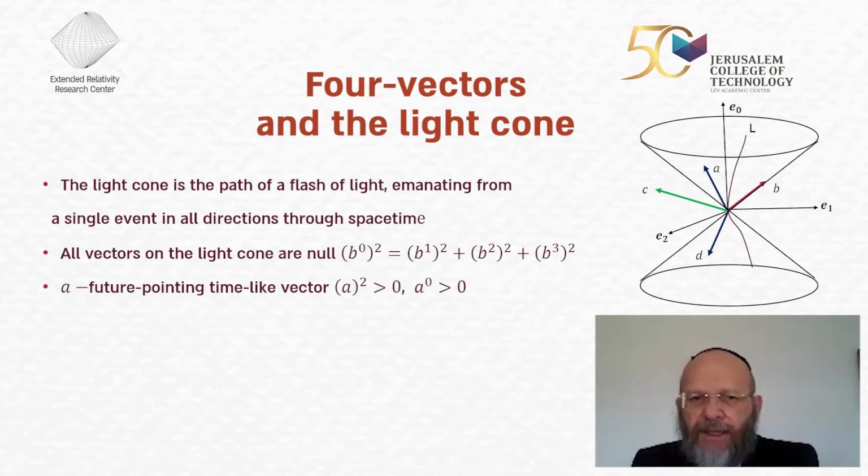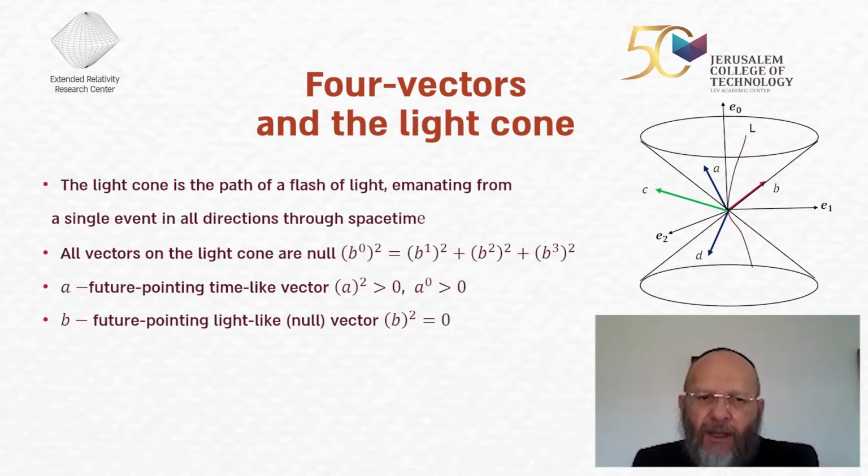If you have a vector inside, that means b squared in this case, this part is larger than this, so the norm of this vector is positive, and the time component is positive. This is called a future pointing time-like vector. This one, on the light cone, is called a future pointing light-like vector. b squared equals 0 because it's a light vector. And in order to be future pointing, you have to ask b0 to be positive.